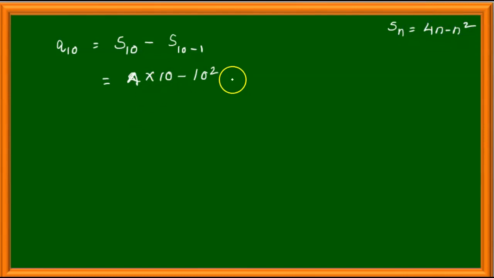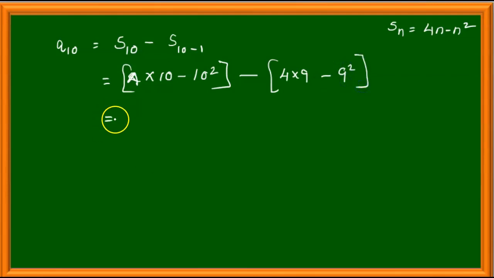In bracket, minus S9, because 10 minus 1 is 9. That becomes 4 into 9 minus 9 square. So 4 into 10 is 40, minus 10 square, which is 100, in bracket, minus 4 into 9, which is 36, minus 9 into 9, which is 81.